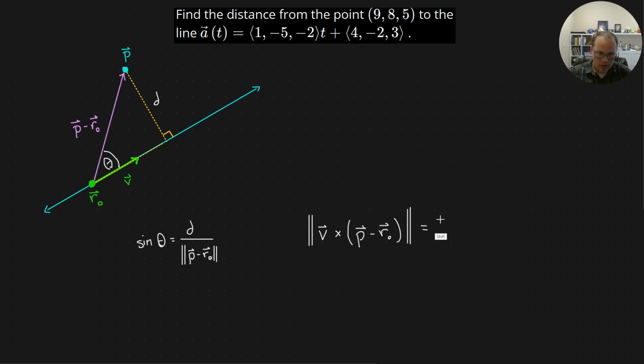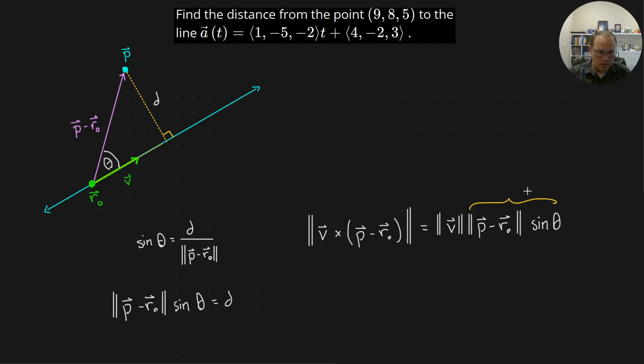I get the norm of v, times the norm of the vector P minus R naught, times sine of theta. So if I want d, and if I rearrange this, I can find d. The norm of P minus R naught times sine of theta equals d. This is d, that's what I want. So let's just divide by the norm of v, and I have a formula for d.